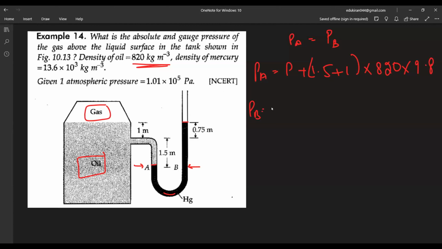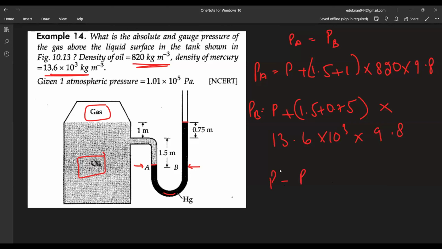Second pressure, that is the pressure of the mercury. So this is the total pressure plus 1.5 plus 0.75 multiplied by the density of the mercury. Density of mercury is given as 13.6 into 10 to the power 3 into G, that is 9.8. How do you calculate the net pressure? Net pressure means you subtract both of these, correct? P minus P dash.